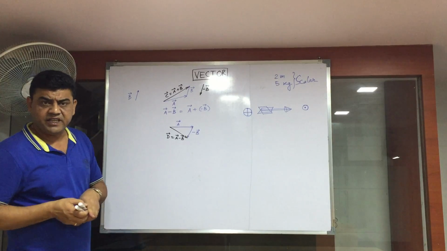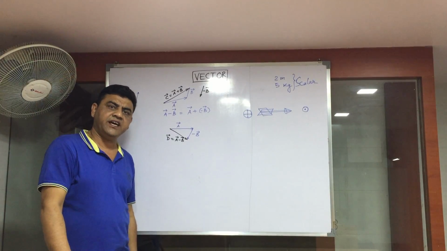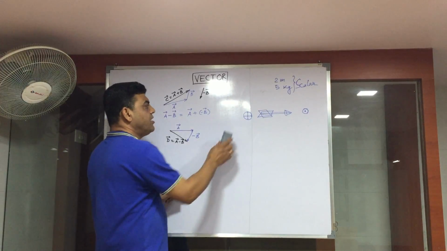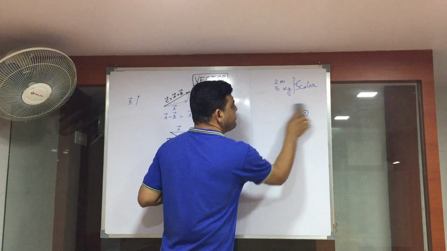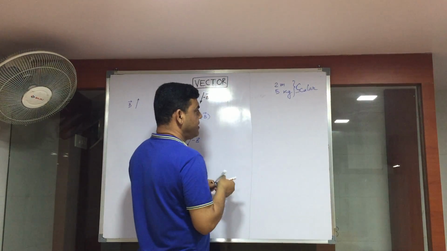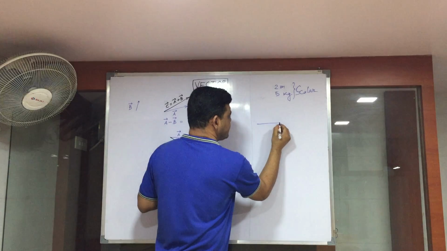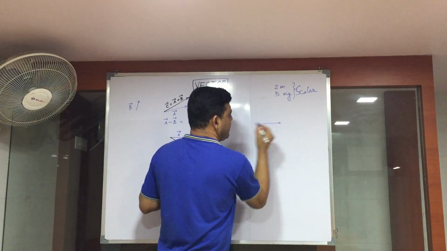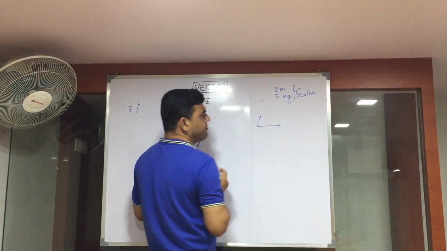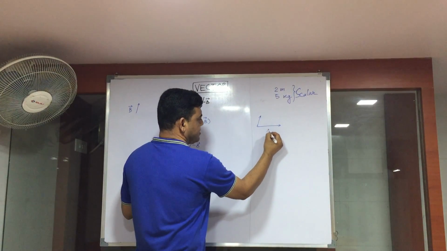There is another method by which we can add two vectors, and that method is called the parallelogram method. What we do in that method is we take both the vectors A and B. Suppose this was our vector A and this was our vector B. Now notice how I am drawing the vectors.